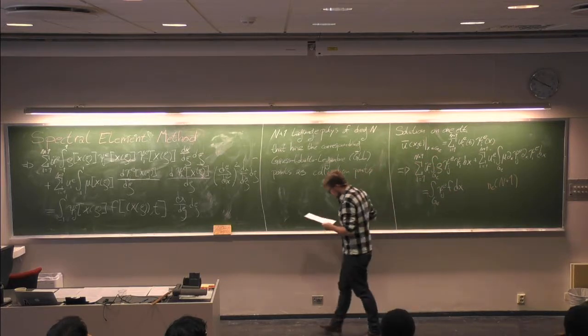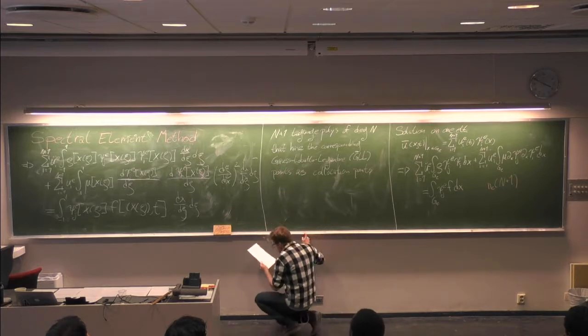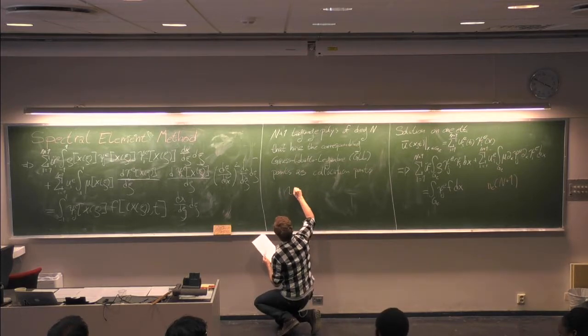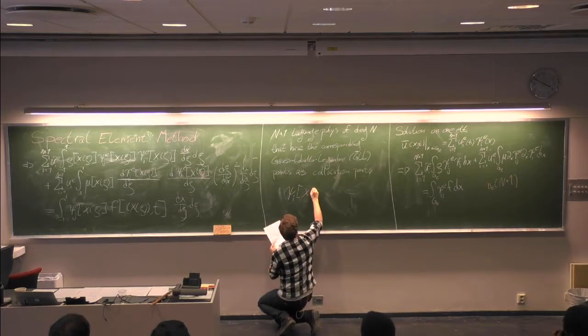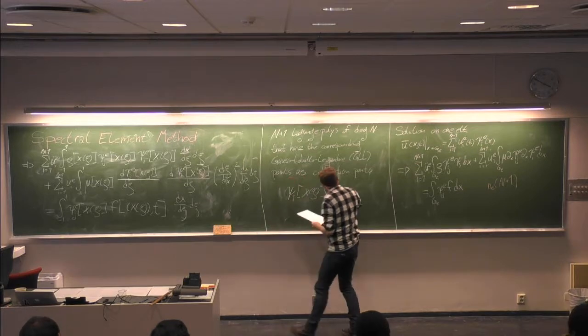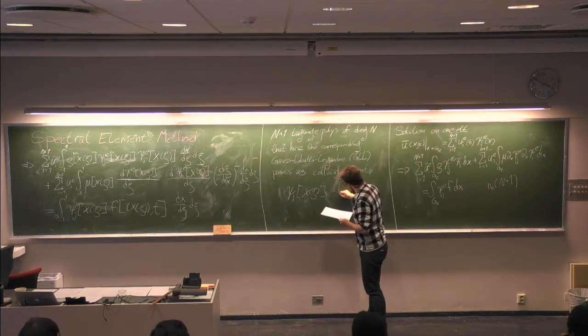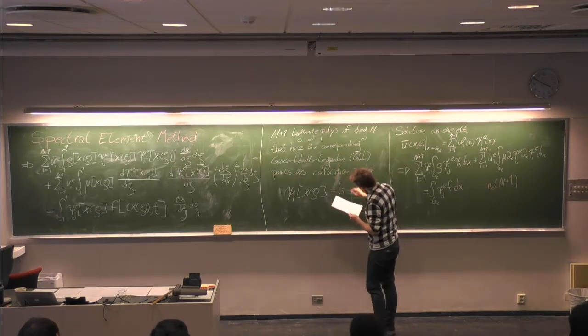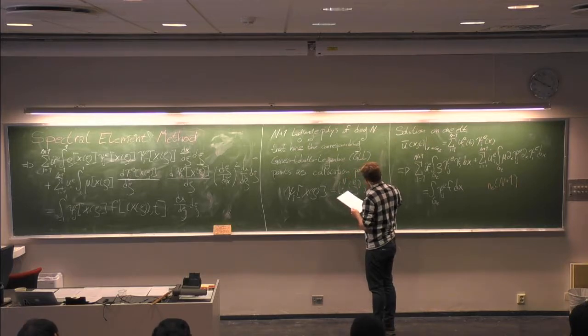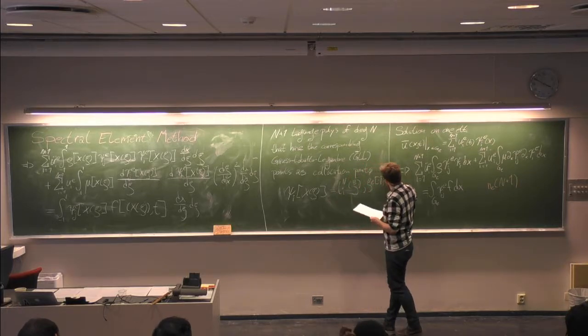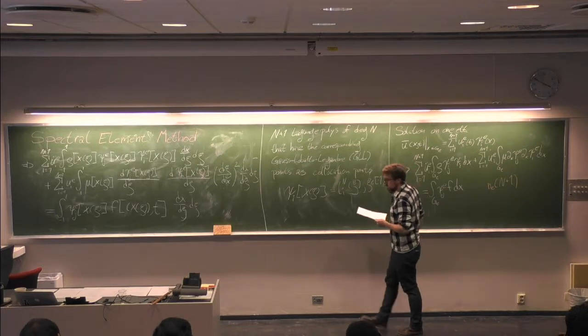So now we are going to introduce these instead of the basis function of x, we are going to say L_i^n of xi, where this xi is from -1 to 1.